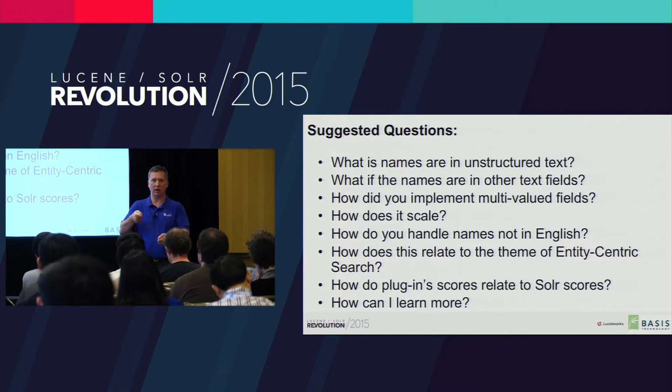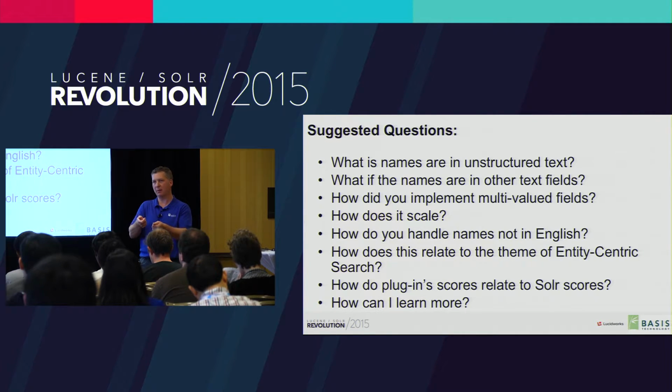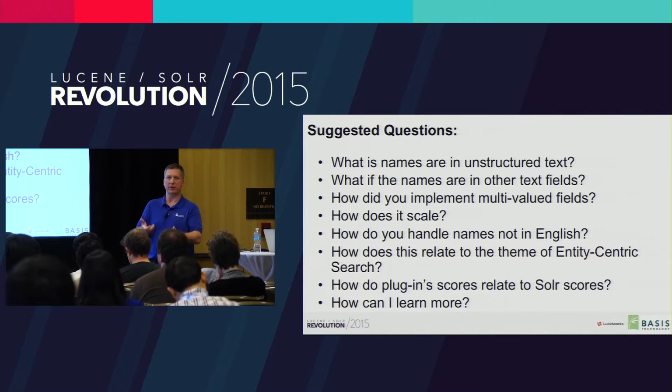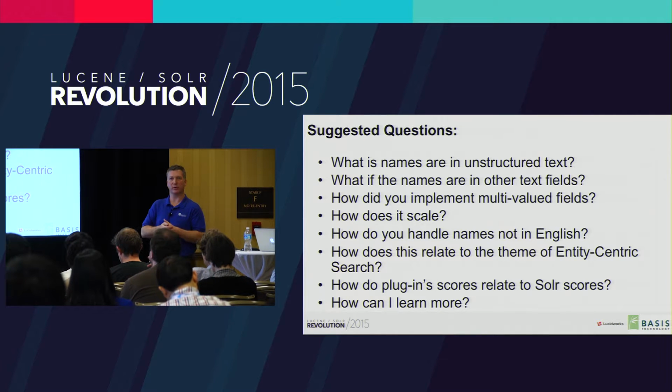So if the name match is really important versus some of the other criteria you have that are a little less important, and that might even vary based on what that particular query is, the source of that information, you do that all at query time. You can decide what those weights are.